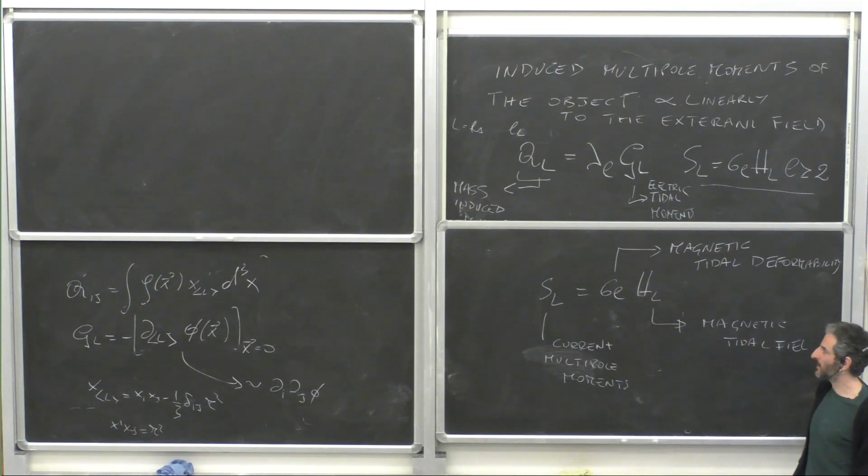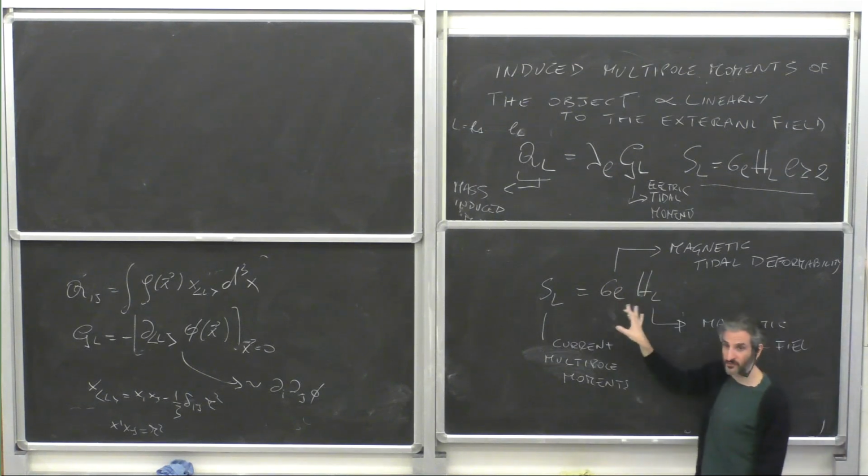There is a reason why these are called this way, but I don't want to enter into it. I just want to tell you that the very difference is that this thing there is associated to mass moments, and they have a Newtonian counterpart. These things here are associated to velocity deformation, and they don't have a Newtonian counterpart.